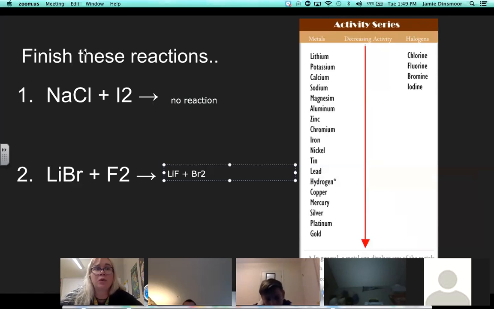Okay, so in order to balance our equation now, we do add a 2 in front of our lithium fluoride so that we have 2 fluorines. Now we have 2 lithiums. Well, we need 2 lithiums on this side. If we add a 2 in front, we will also then balance our bromines because bromines will be a diatomic molecule as well. So this reaction does happen.